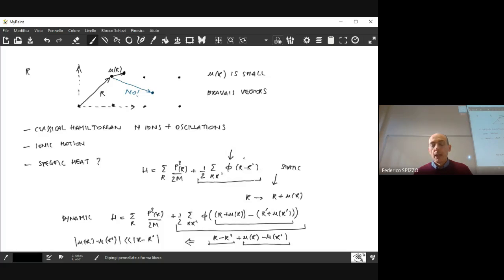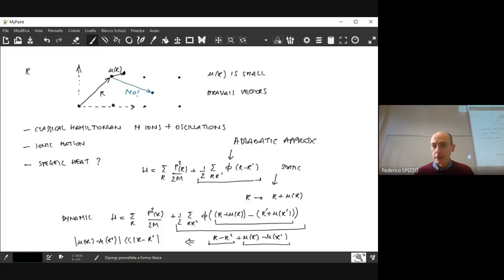So, even in this approximation, which is called the adiabatic approximation, adiabatic approximation means the electrons are always in equilibrium with the ionic lattice. The expression of phi is quite complicated because we have to consider both the position of the electrons and the position of the ions.